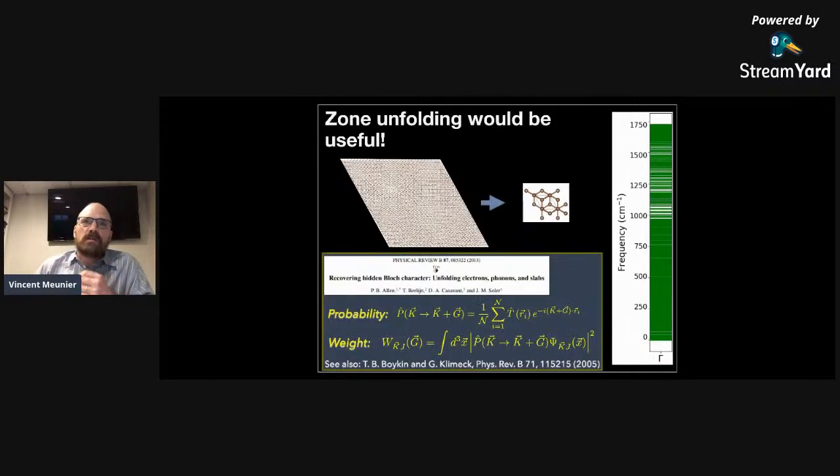Without going too much into the detail, what we were interested in is to understand how the phonon band structure of that system, which of course has many bands because there are many atoms, compares to the phonons of the bilayer graphene, which is only 4 atoms per cell.